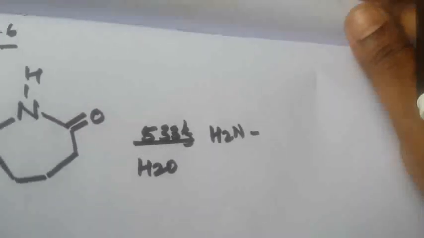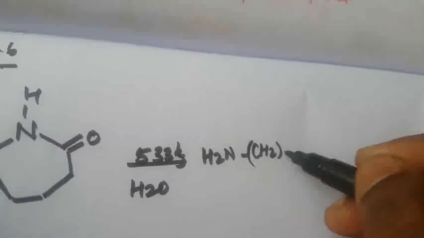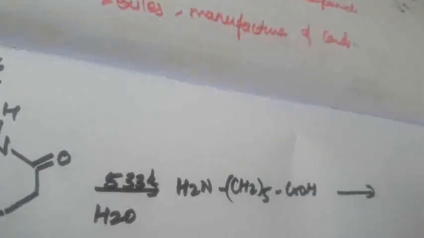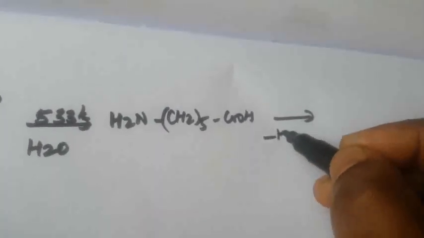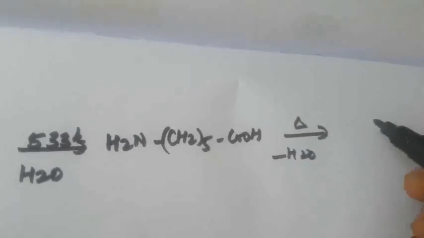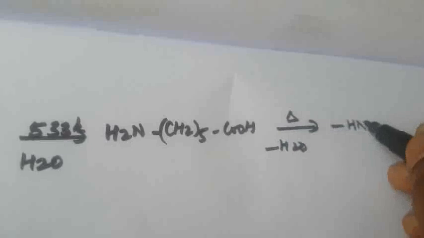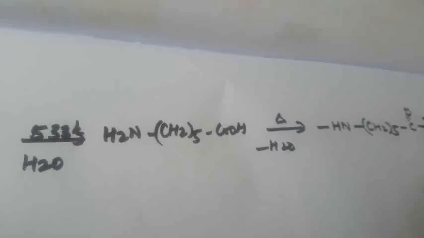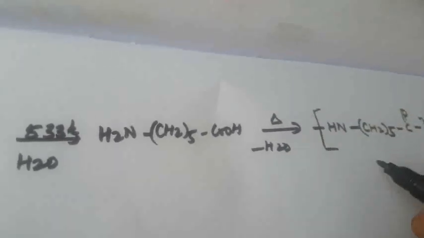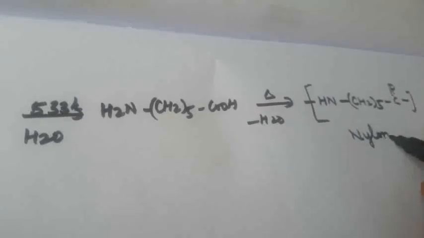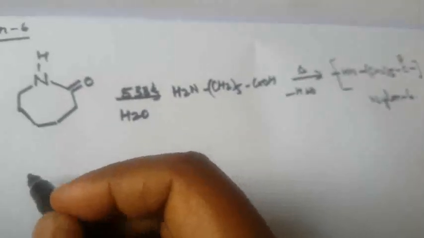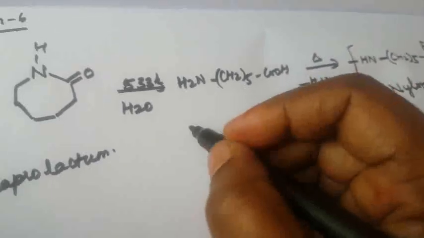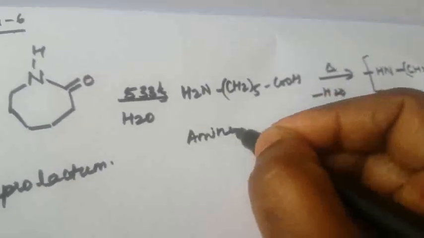That is (CH2)5 COOH. Again the water molecule will be removed when we are heating. So that is NH-(CH2)5-C=O. This is called nylon 6. What is this compound's name? Caprolactam. And this is aminocaproic acid.